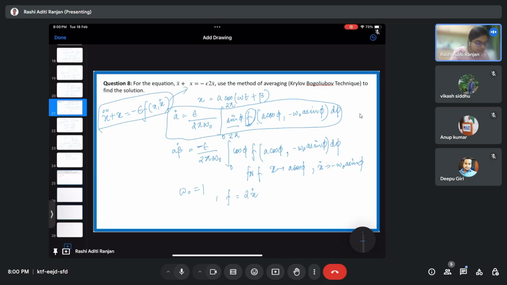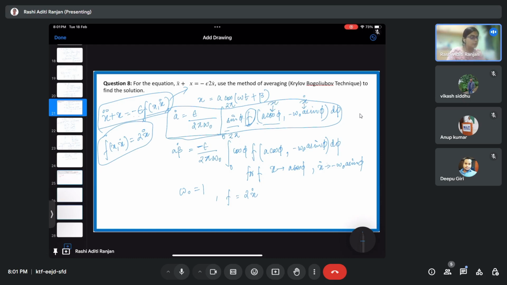Whatever is multiplied by minus epsilon over here is actually my f. So here my f is nothing but twice of x naught. When I am applying this equation, it has already been provided that I have to replace x by a cos phi and I have to replace x dot by minus omega naught a sine phi.